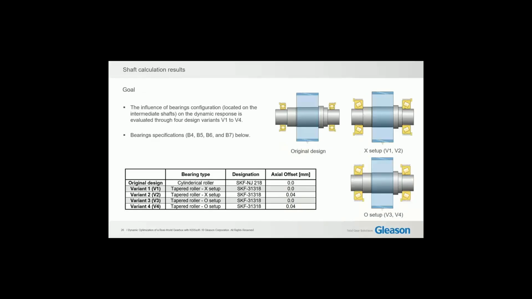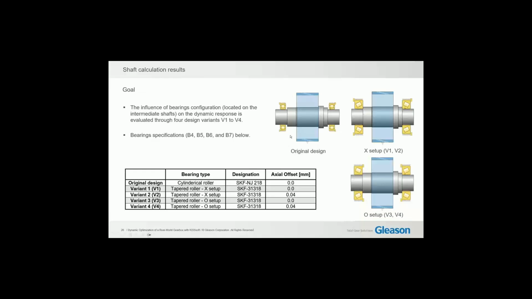Now the goal of this optimization, as I mentioned before, is to deal with the original design, which has noise, and then we try to modify the model only by changing the bearing configuration. So all other parameters are kept constant except the bearing configuration of the intermediate shaft.